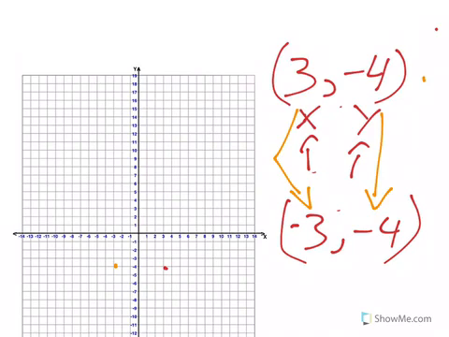But what I'm hoping that you notice is that these are the same distance apart from 0, right? For -3 we have 1, 2, 3 to get to 0. +3 would be 1, 2, 3 to get to 0.